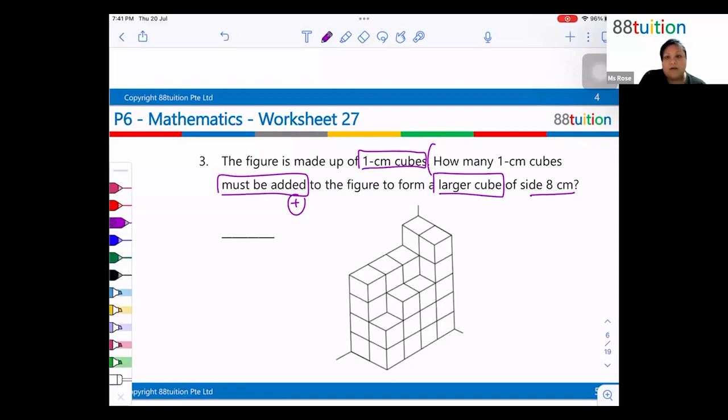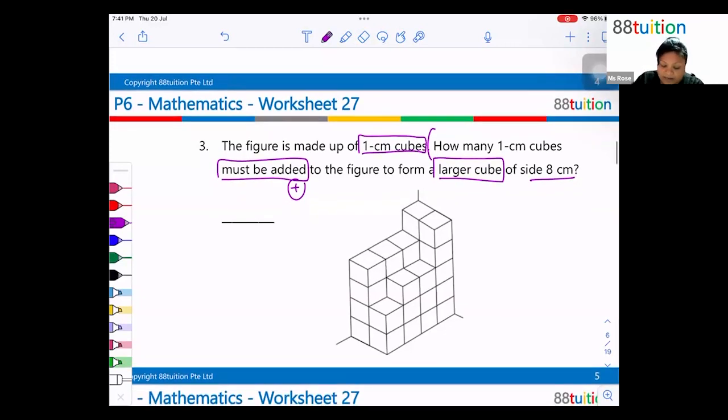Okay, now, so first thing you need to do is find the number of cubes in the figure, which is this. How many cubes are there? If you count layer by layer, from the top layer to the bottom layer, followed by 5, followed by 7, is it?